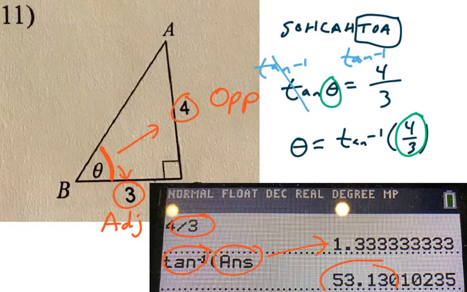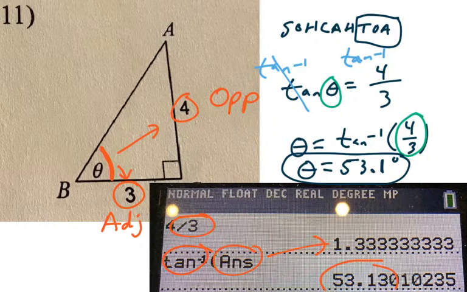So therefore, I know theta must be 53.1 degrees. Now, give your teacher at least one decimal place. Don't round it off to 53. Okay, give some accuracy in your answer. Okay, so that's it. Pause the video if you need to.